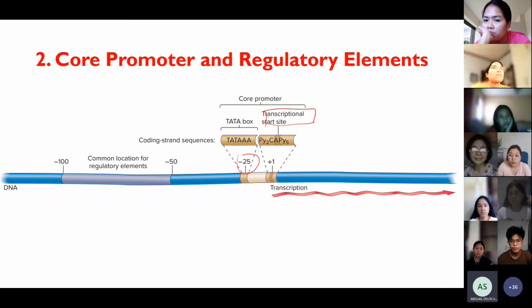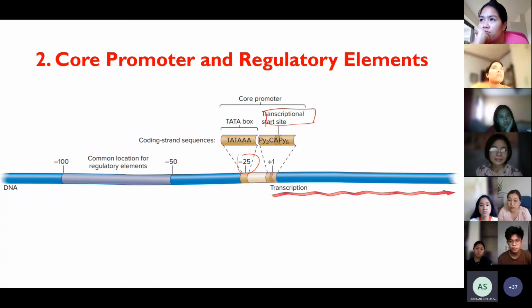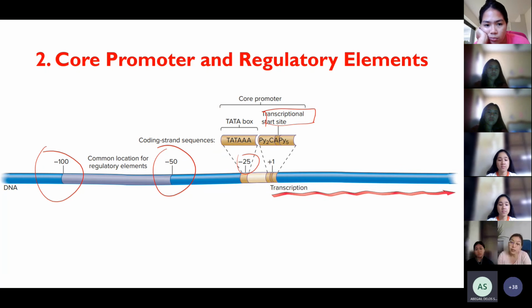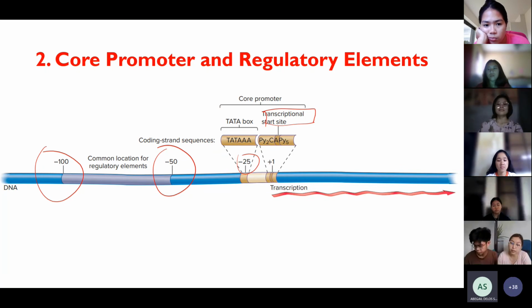The regulatory elements, which will be discussed more later, also vary in location, but are often found between -50 and -100. A single upstream regulatory element is involved in the binding of RNA polymerase 1 to its promoter, whereas 2 regulatory elements called the A and B boxes facilitate the binding of RNA polymerase 3.